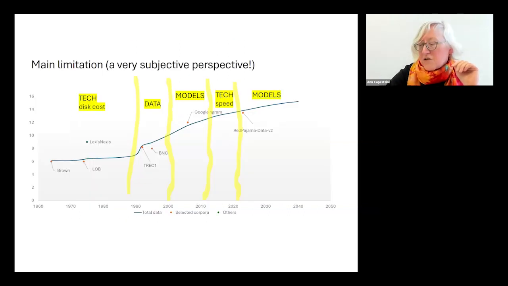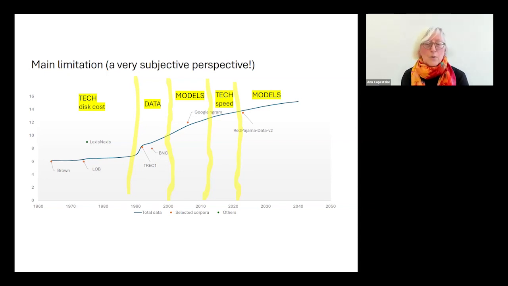So here is a slide which you really shouldn't take too seriously, but it's my version of what the main limitation has been for the development of the utility, the use, of the information layer over the years. And clearly, to start off with, it was the technology, it was the disk cost.